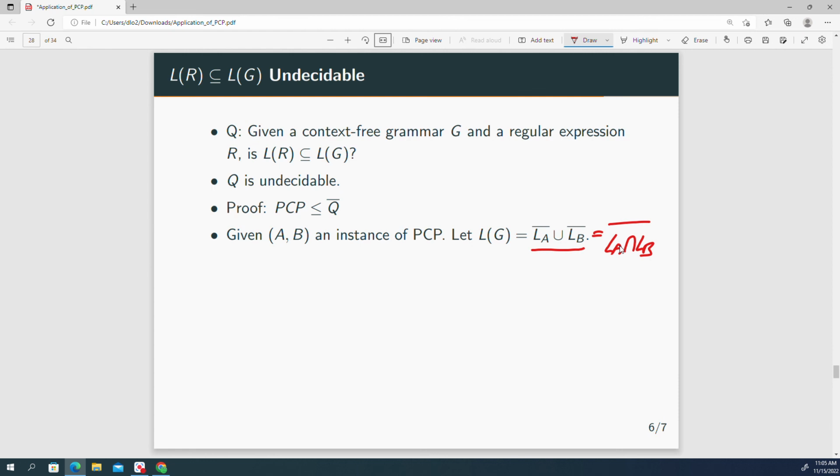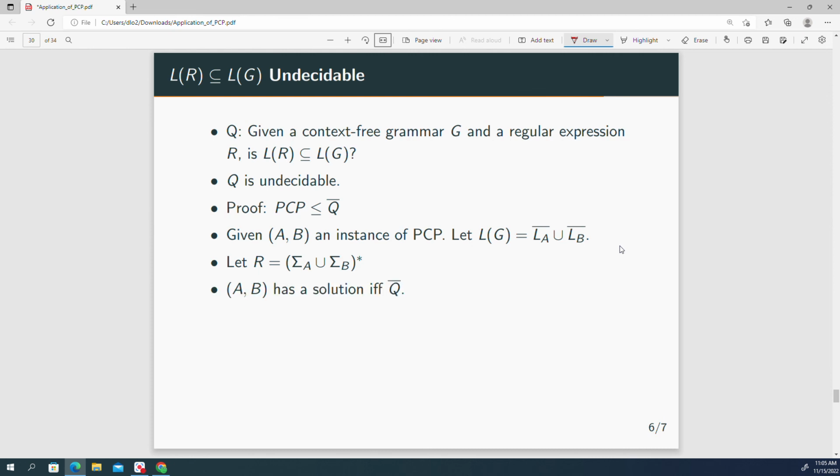That's LG. Now the regular expression R equals sigma A union sigma B, star. So it's basically every symbol in A and B, so it's basically everything, and this is regular for sure.